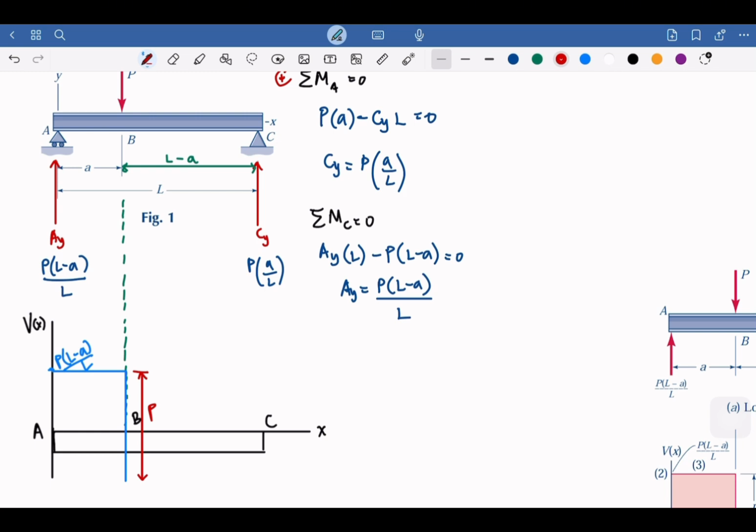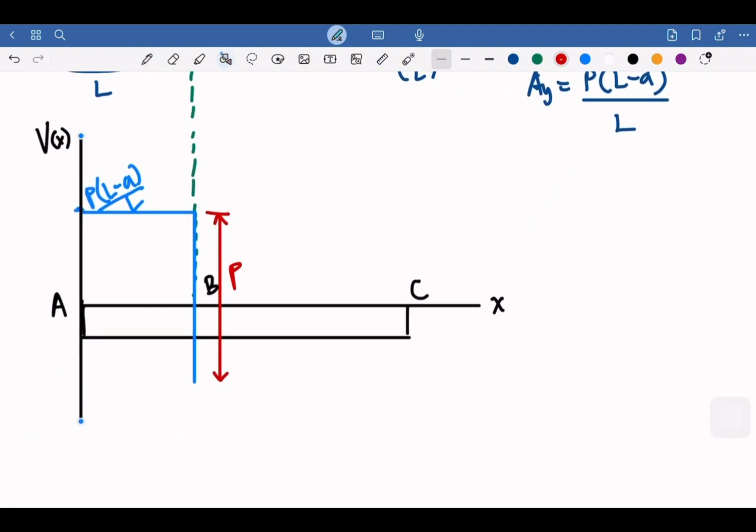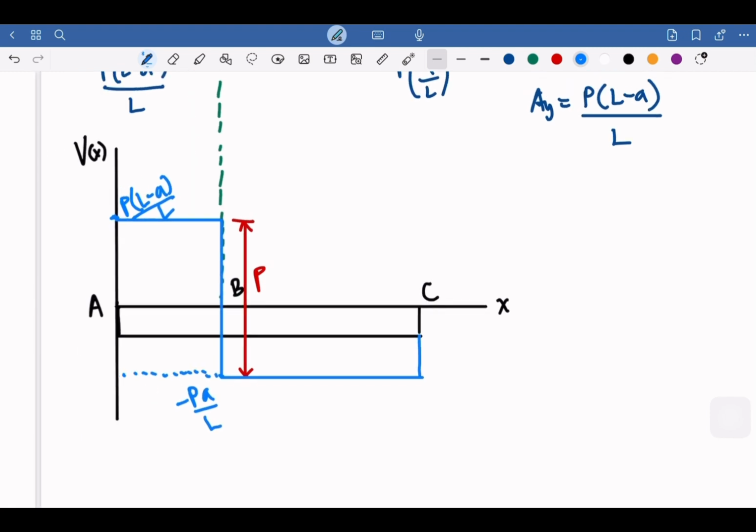But since it goes down, we write it as minus PA over L. Then it will be constant up until the end. Thus this is the diagram.